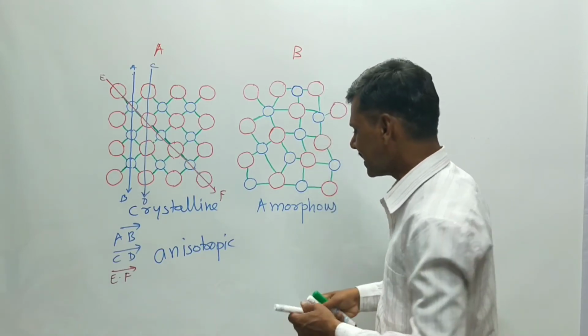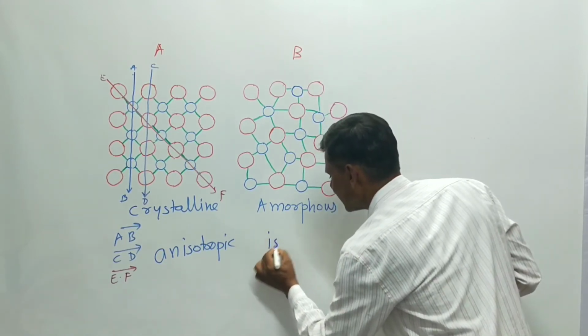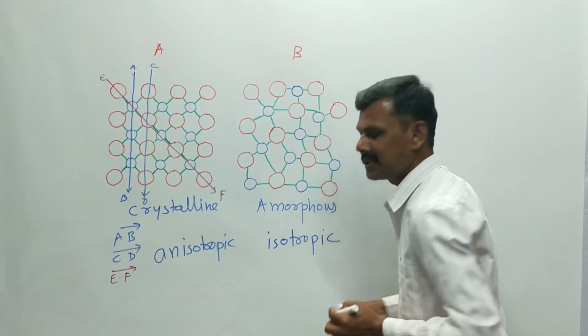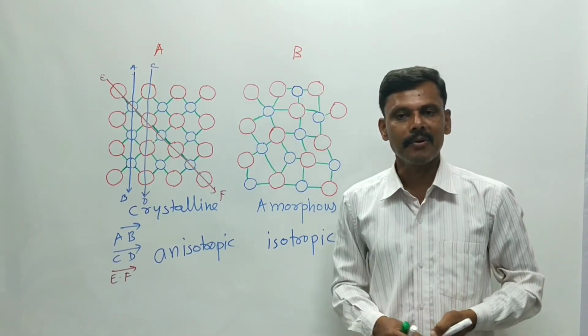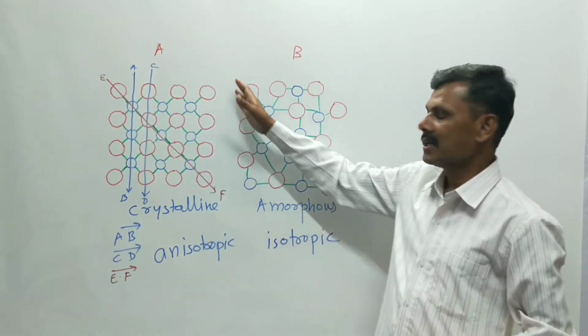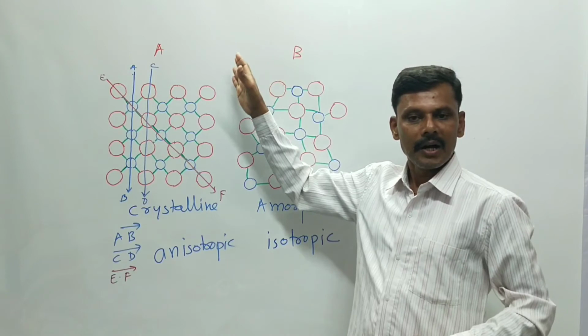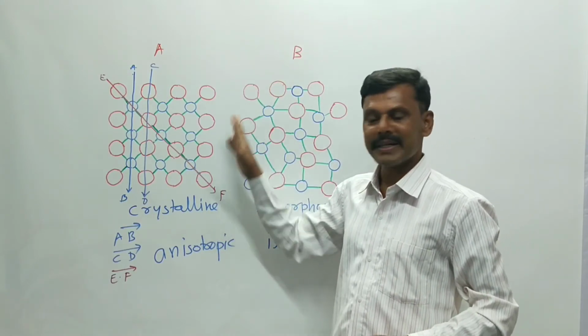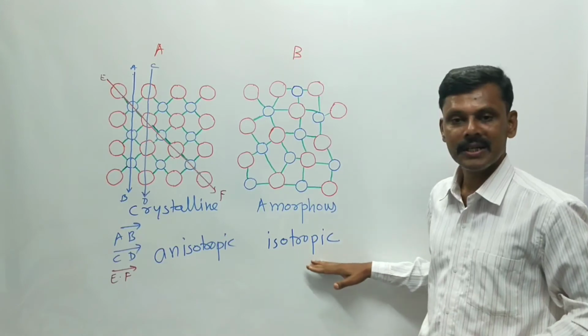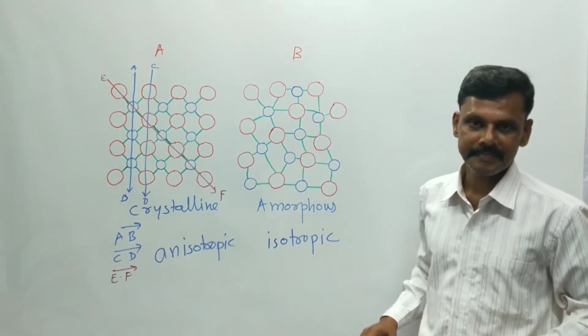So such a property is called as isotropic, which does not depend upon or is independent of direction. I hope you better understand what is anisotropic and what is isotropic.